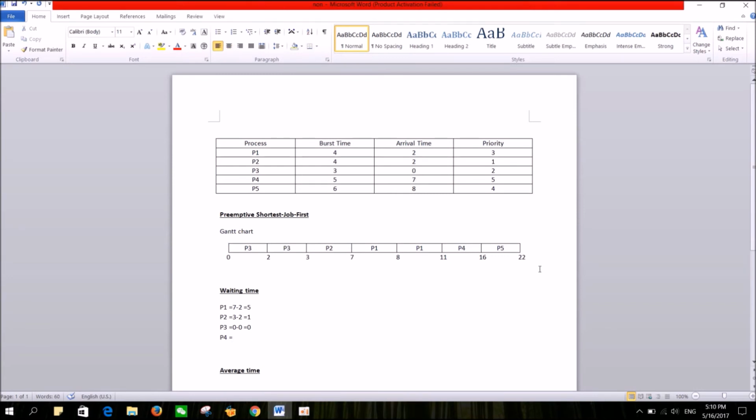So 11 minus 7 is 4. The last one is P5. P5 has a start time of 16, so we minus its arrival time, which is 8. So 16 minus 8 will be 8.